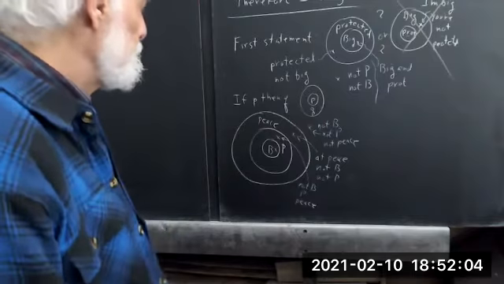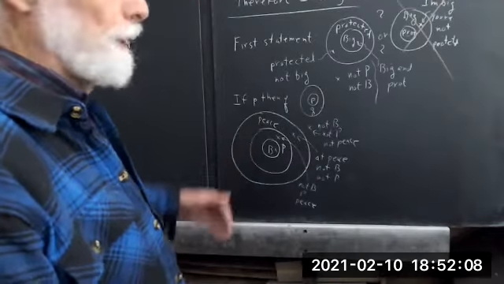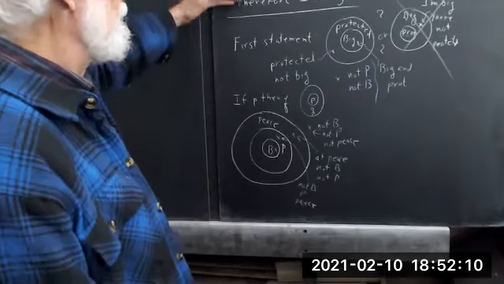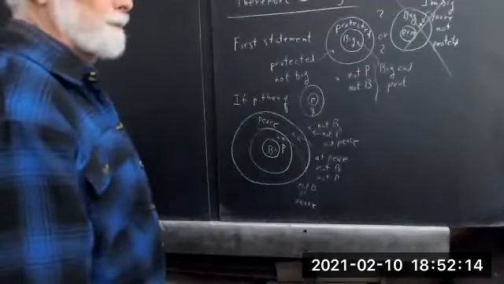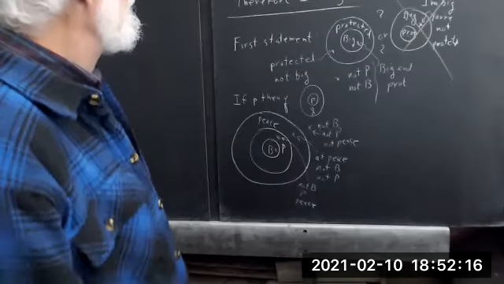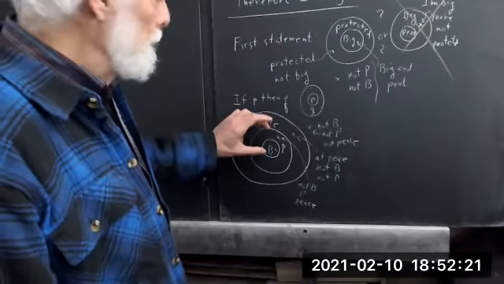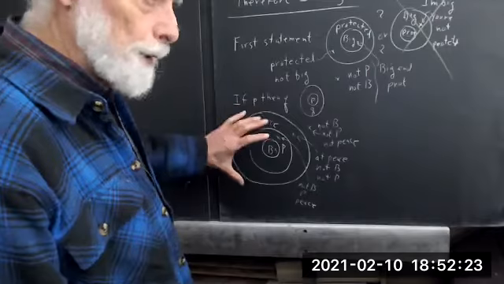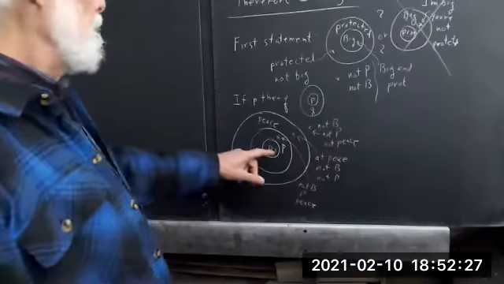So this is a picture of this part of the argument. This is the way being big, being protected, being at peace are related. You can't conclude that I'm big.